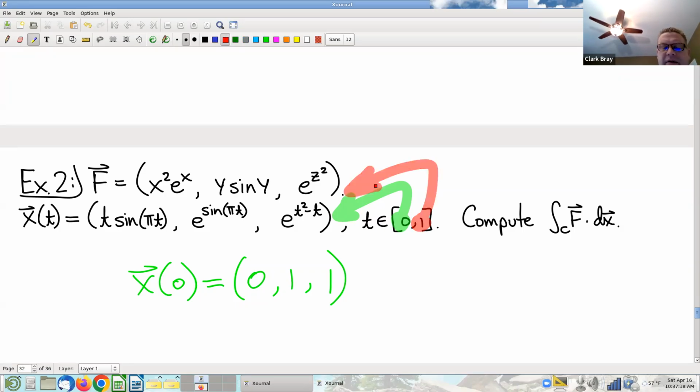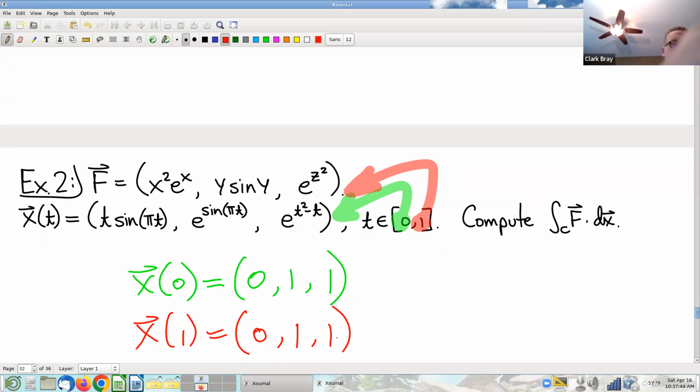Let's plug in t equals 1. We get x of 1 is 1 times sine of pi, which is 0. Then e to the power of sine of pi, which is 0, so e to the 0, which is 1. And then the e to the 0, which is 1.